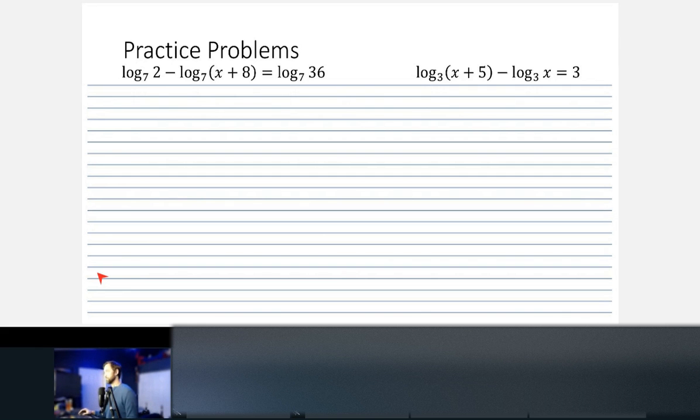By the way, your answer for the first one will be a fraction. Make sure you reduce it.